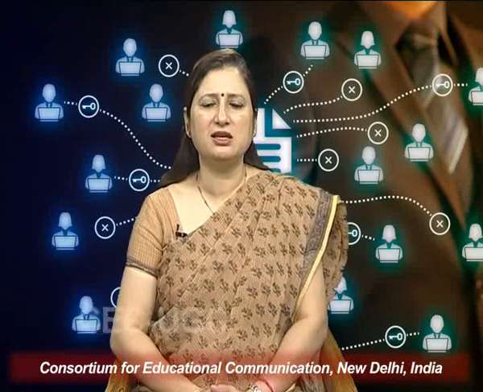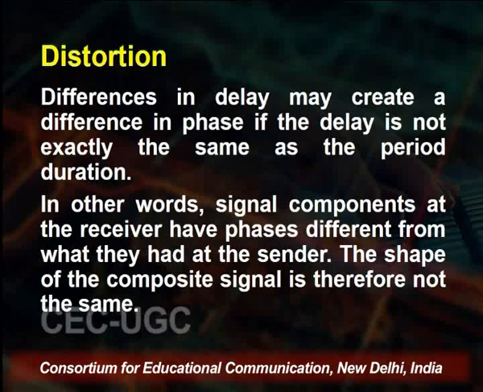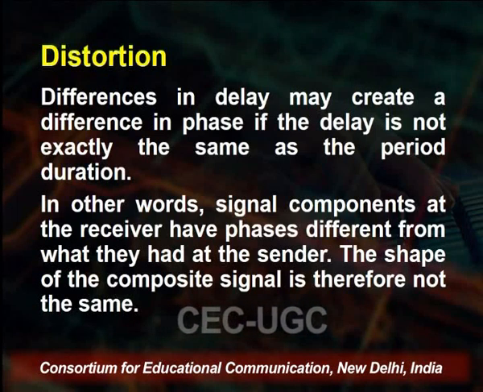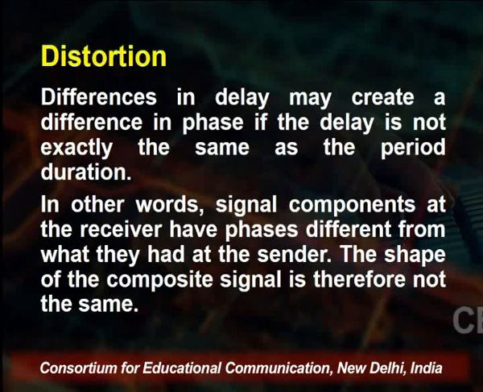So if you had 3 signals, every signal will have its own propagation speed, and therefore it will arrive at the destination at its own time, right. So when they arrive, there is a delay which is created, and because of this delay there will be a difference in the phase if the delay is not exactly the same as the period duration, right.